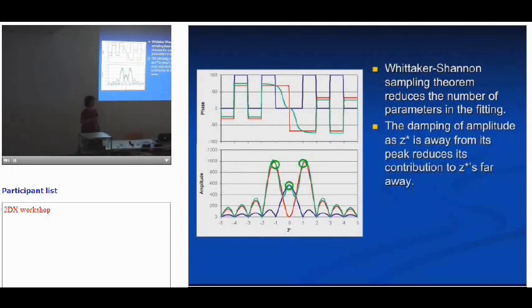And the other consequence of that is that you have observed that the damping of the amplitude means that the contribution from a term that's away from your originally assigned peak position is reduced.